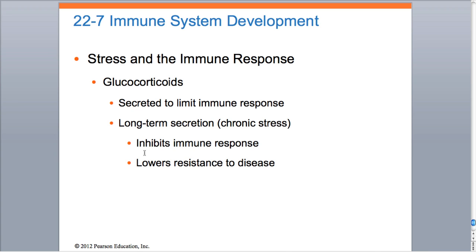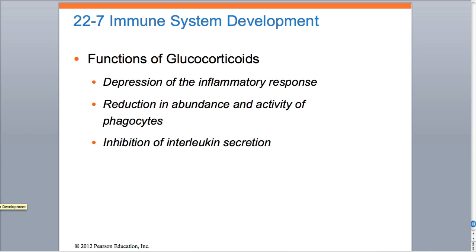Look what it says: inhibits immune response, lowers resistance to disease. So even though glucocorticoids are a good thing to help you with your blood sugar and your stress response for blood sugar and glycogen, they actually lower your immune system. So that's what these two slides are talking about. Next slide.